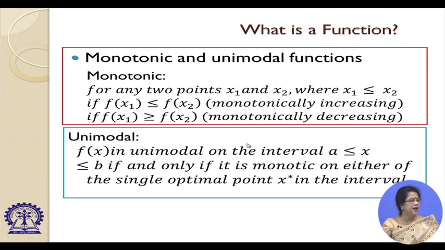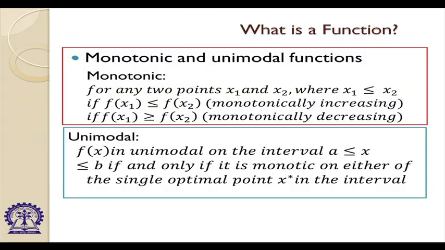Now, what about unimodality? As I said, there will be only one mode. Within the interval [a, b], if the function is monotonically increasing on one side and monotonically decreasing on the other side, or the reverse, monotonically decreasing on one side of a point x star and monotonically increasing on the other side, then we can say the function is unimodal.